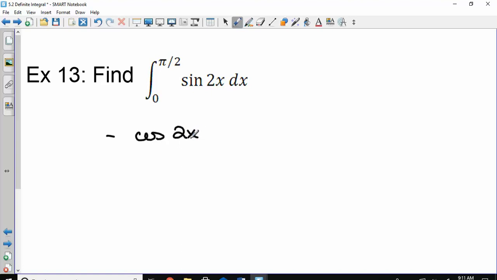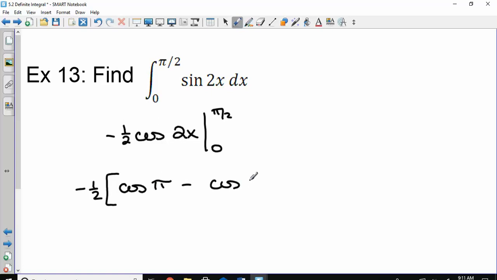The angle would stay the same, but if you did this derivative, you'd have to do the chain rule. So what else do I need in front? 1/2 times 0 to pi over 2. Two times pi over 2 is pi. 2 times 0 is 0.